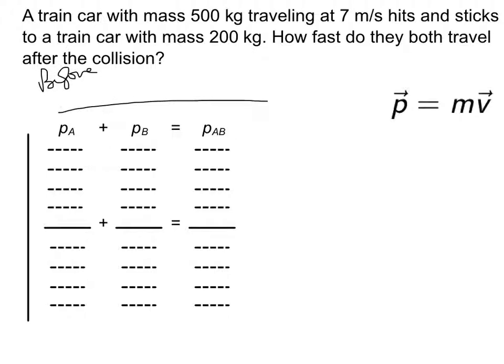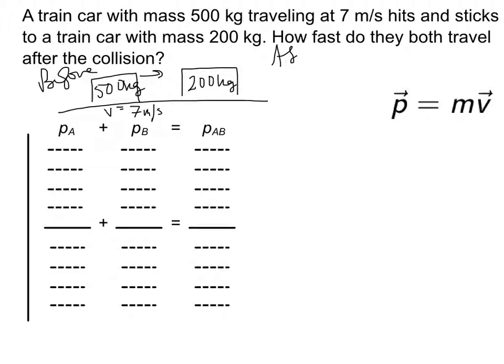Before, we have one train car with a mass of 200 kilograms. We have another train car with a mass of 500 kilograms, and it has a velocity of 7 meters per second.